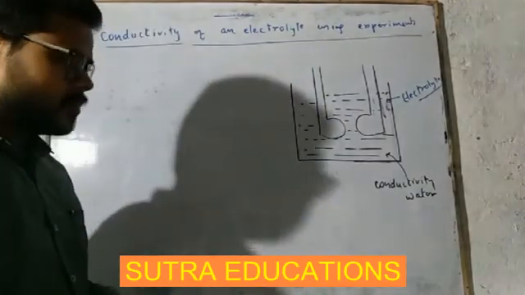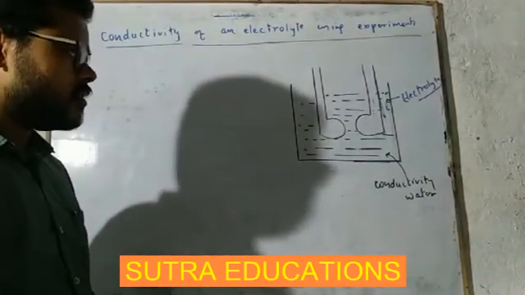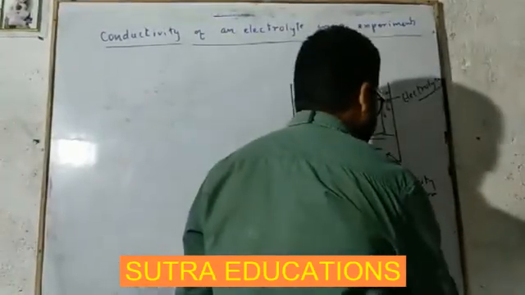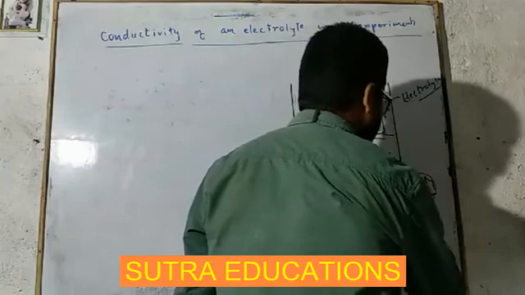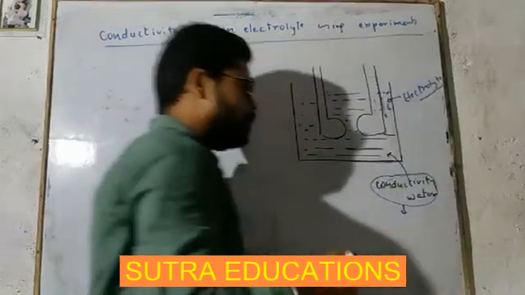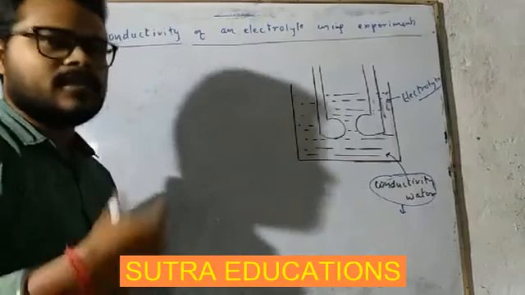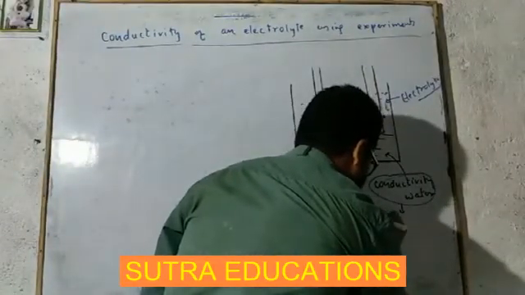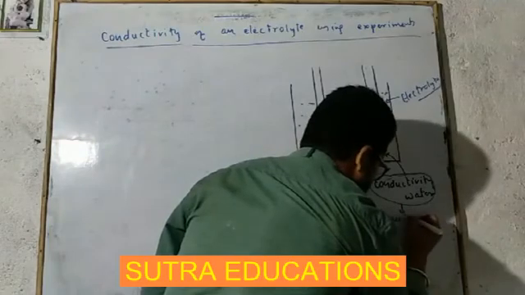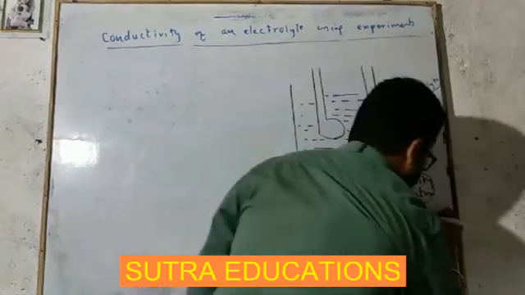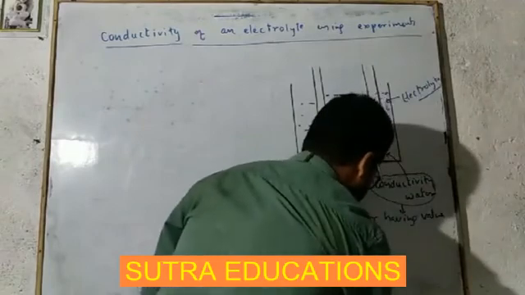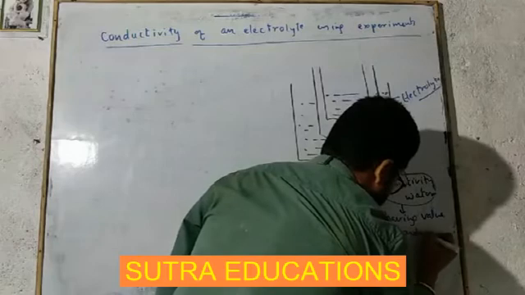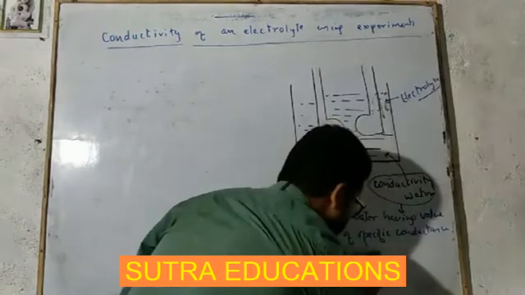Conductivity water is simply the water having a value of specific conductance equal to 0. So I am writing here: water having value of specific conductance equal to 0.